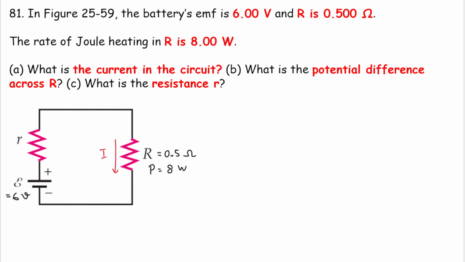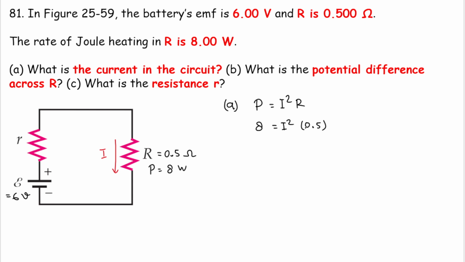Okay, so for question A, we can just use the fact that the power dissipated by this resistor is 8 watt. Why? Because P, the power, is just I squared multiplied by the resistance. The only unknown here is I squared. We know the power is 8 watt, so 8 equals I squared multiplied by the resistance, which is 0.5.